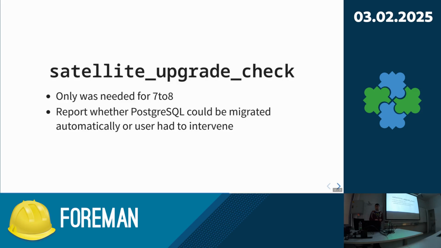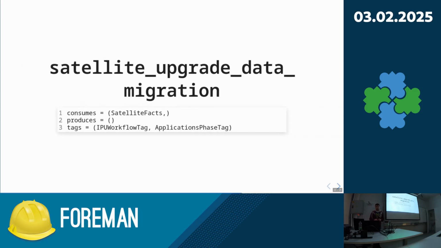Right. The next actor that we had to implement is called data migration. This is the one that would actually move the data for PostgreSQL. So it consumes facts, doesn't produce anything because it only does some action itself, and it runs in the application phase, which is the run phase for us.